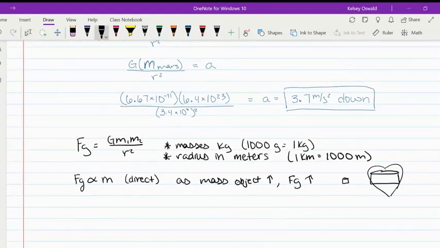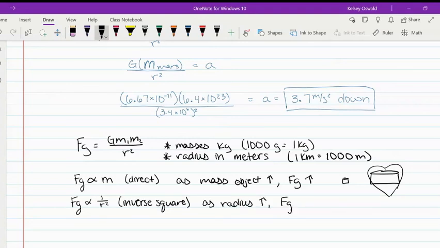Whereas if we look at force of gravity and radius, we're going to see that we have that inverse square relationship. So that means as we get further away, as your radius increases, our force of gravity is also going to go down.